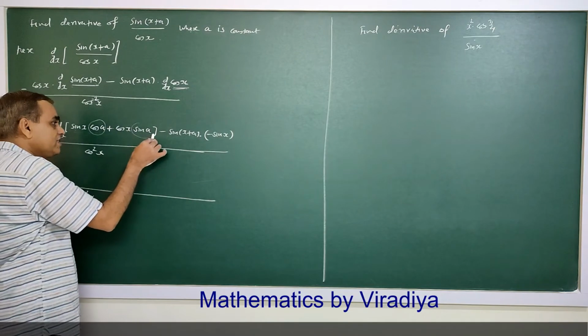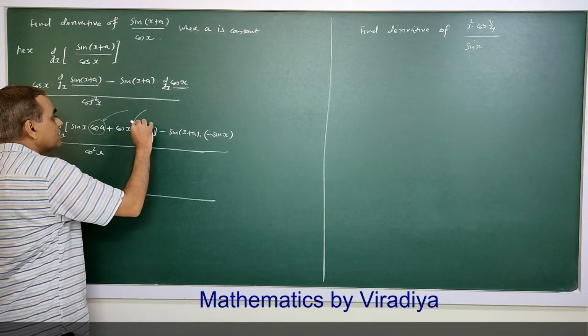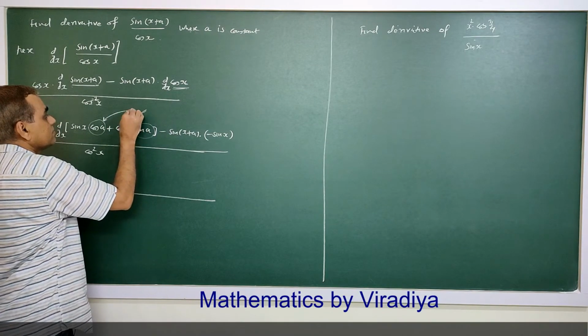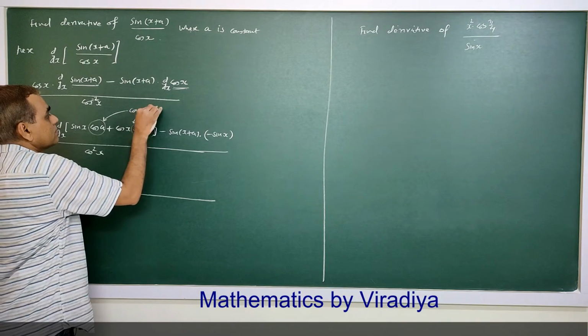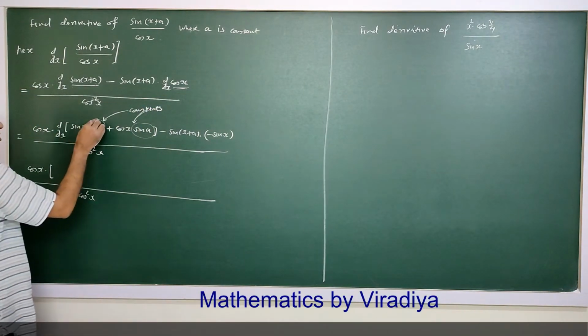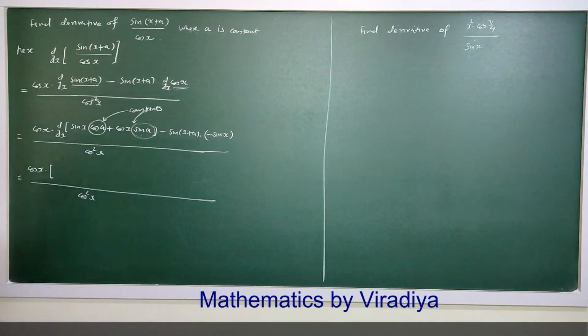Sine a is constant. These numbers are constants, so constants we keep inside.